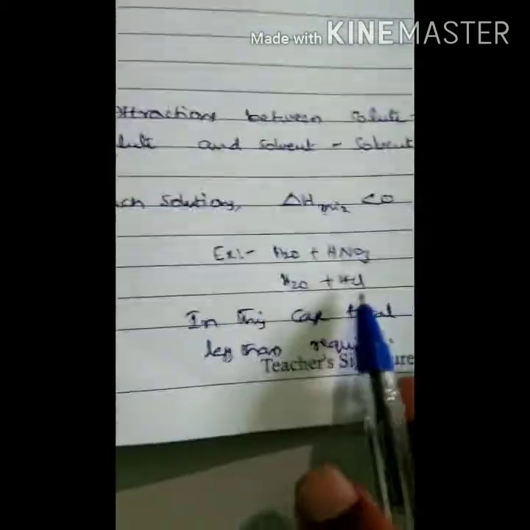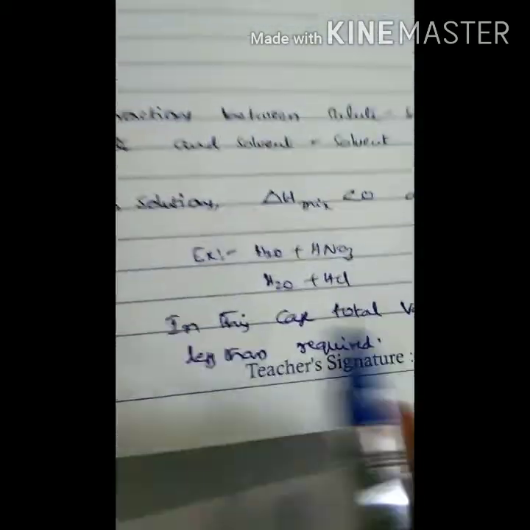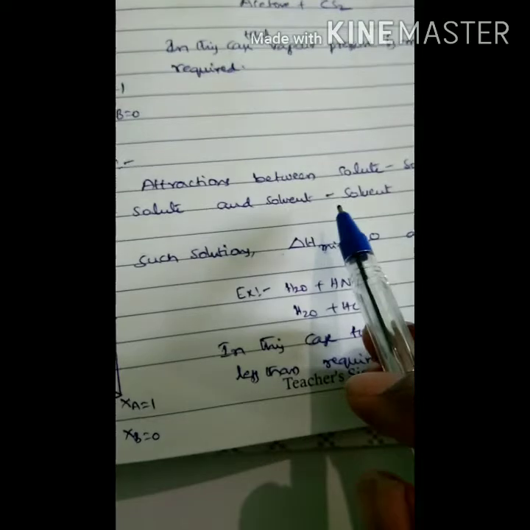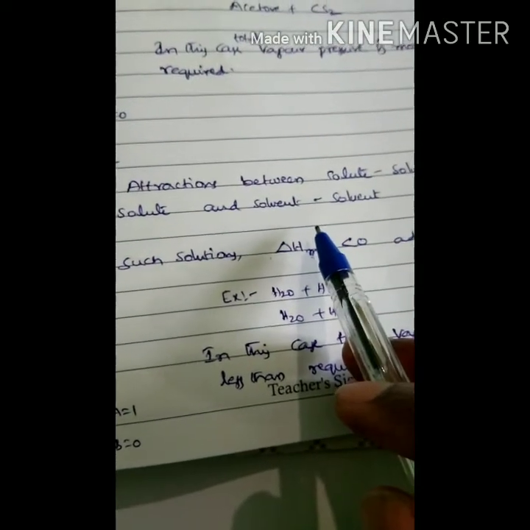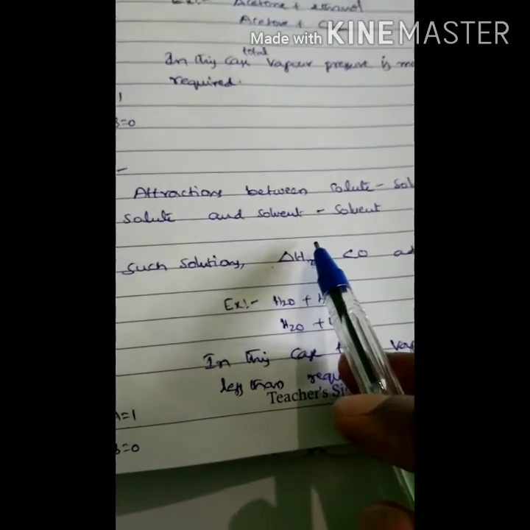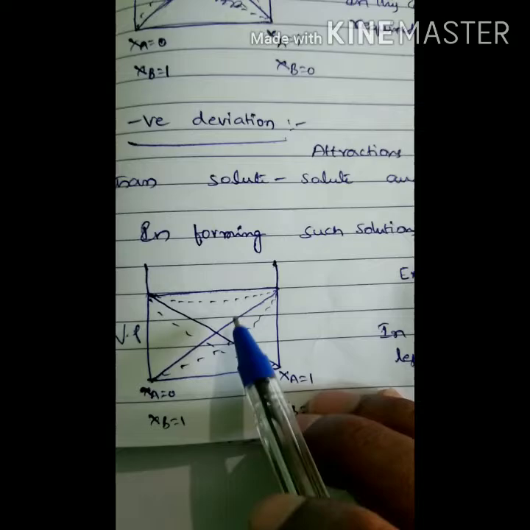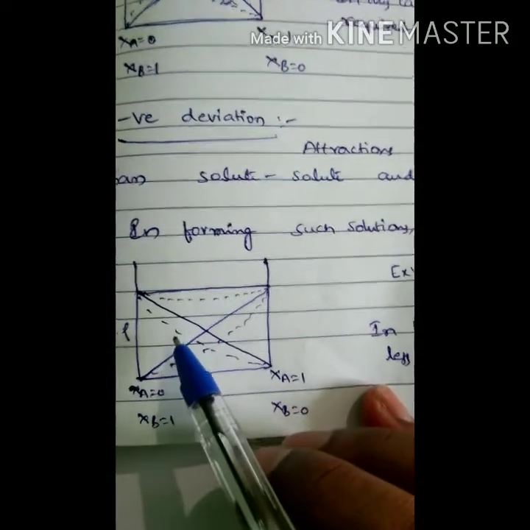Here one more point is there. In this case, total vapor pressure is less than required, because the attractions between solute and solvent are more. If the attractions are more, they do not undergo evaporation easily. If they do not undergo evaporation easily, they exhibit less vapor pressure. Here graphically we represent it like this.